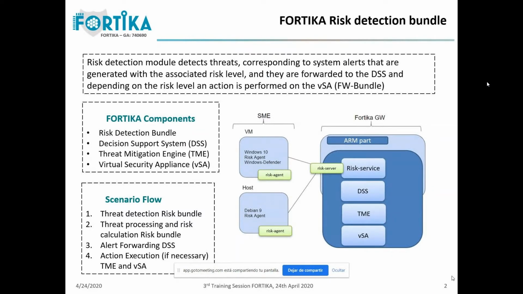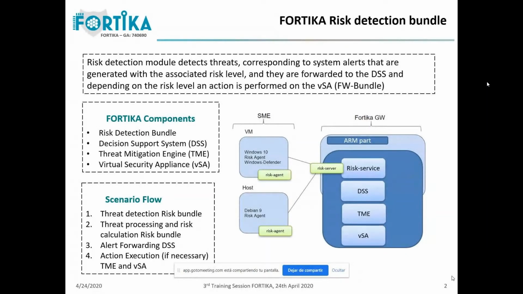As we have mentioned, there are other bundles that make decisions on the system, and depending on the risk level, they can also perform an action on another bundle, which in this case is the virtual appliance. A virtual appliance can be executed using an API to make any kind of reaction according to a rule.